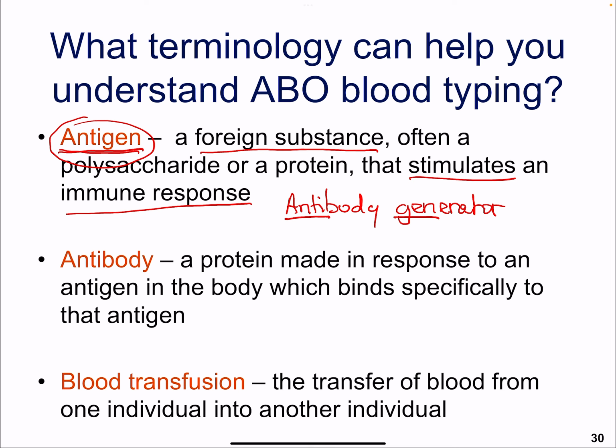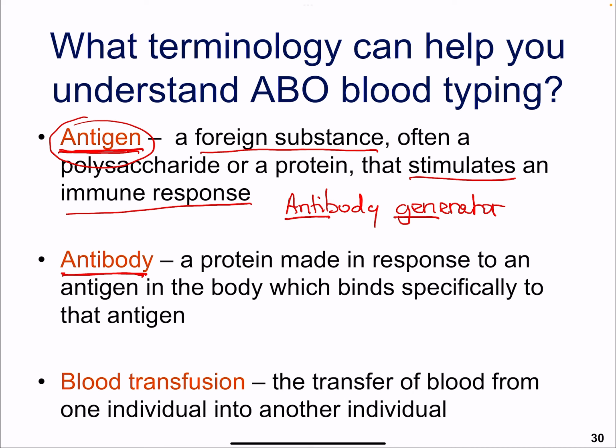With that being said, we have on one hand antigens, and on the other hand, antibodies. The antibodies are proteins that your body produces in response to a foreign particle that came into your body, right? So antibodies and antigens are the ones used to characterize blood type.